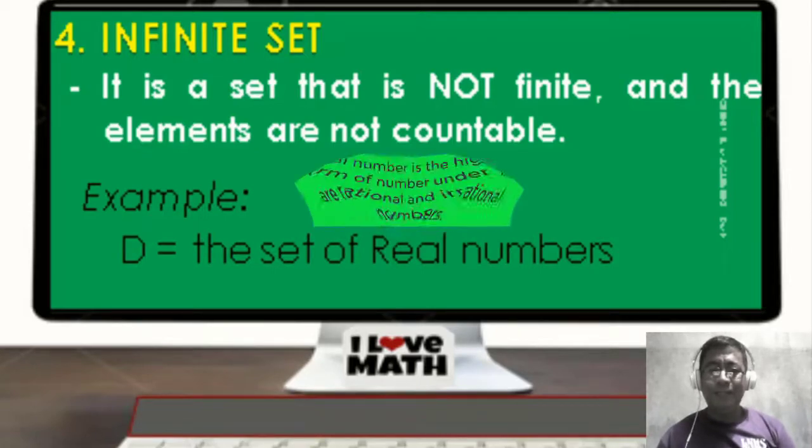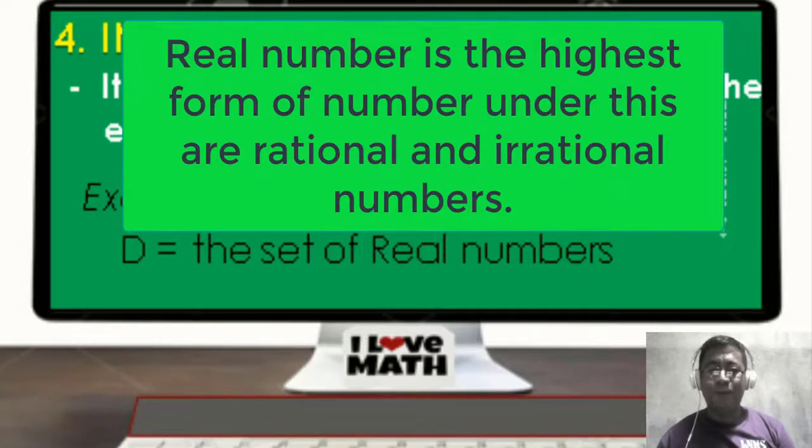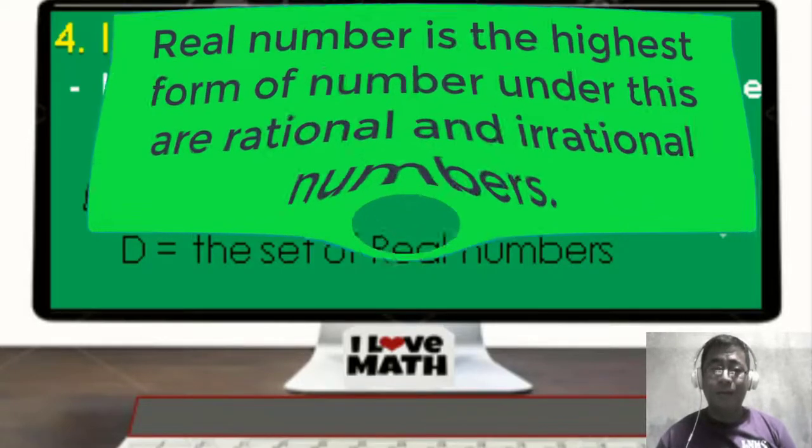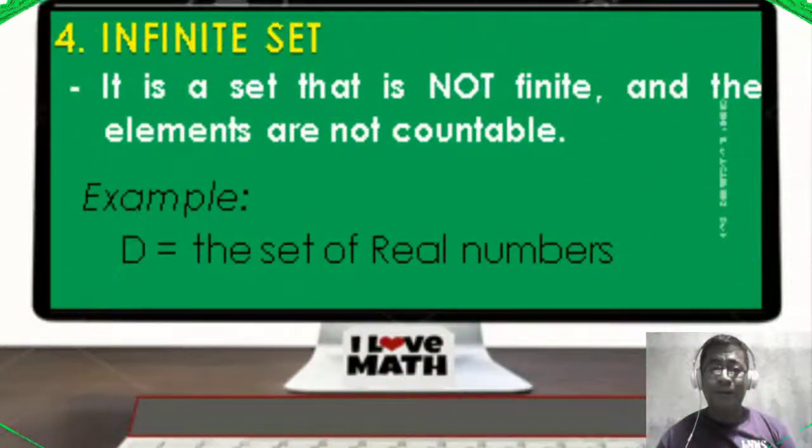Real numbers is the highest form of number. Under real numbers, we have set of integers, whole numbers, natural numbers, and so forth and so on. That's why we cannot count the elements of the real numbers. So in this case, set D is an example of an infinite set.